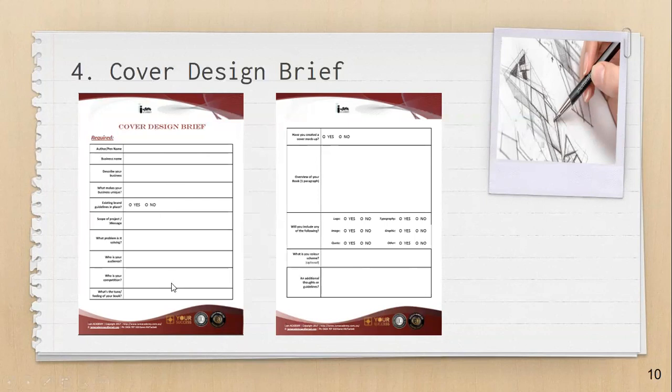There's a section for if you want to include colors, if there's a particular coloring that relates to your brand, etc. And it also has here author/pen name. And I want to touch on this one very quickly.